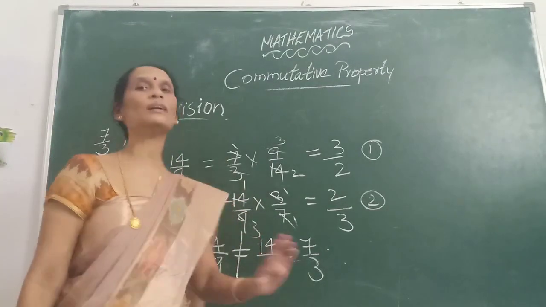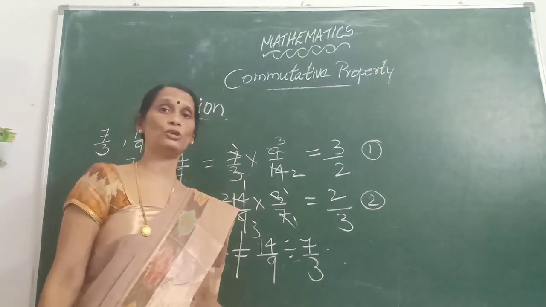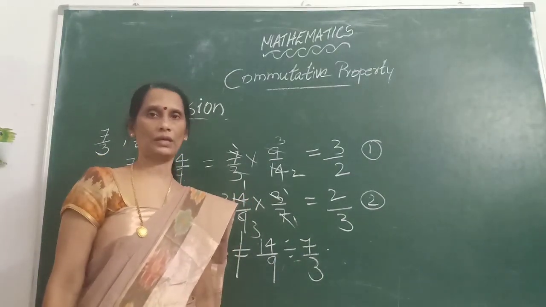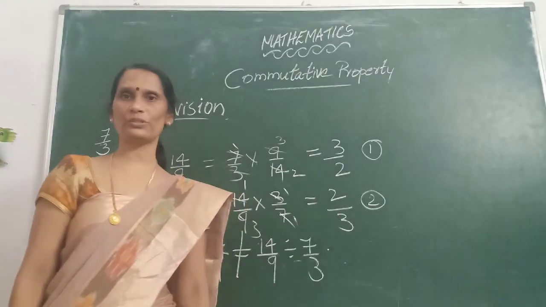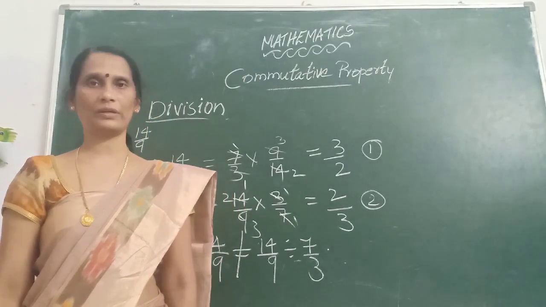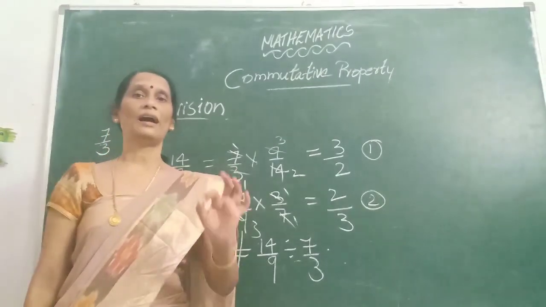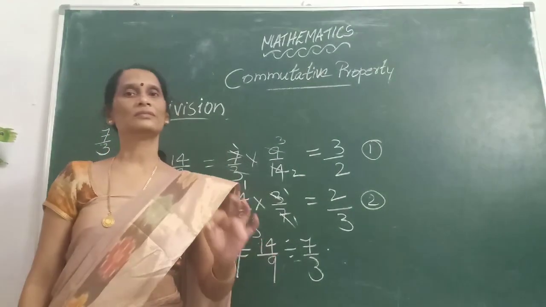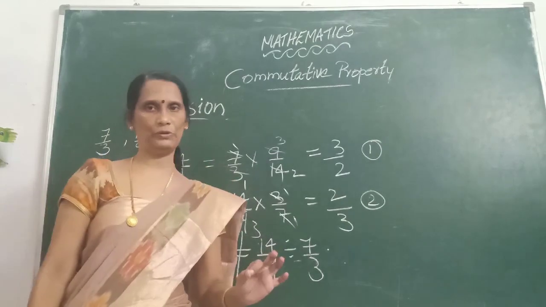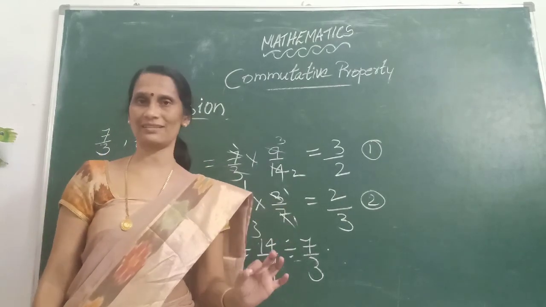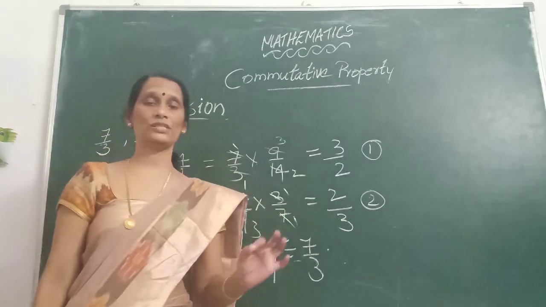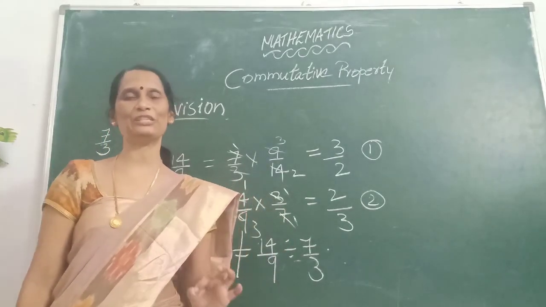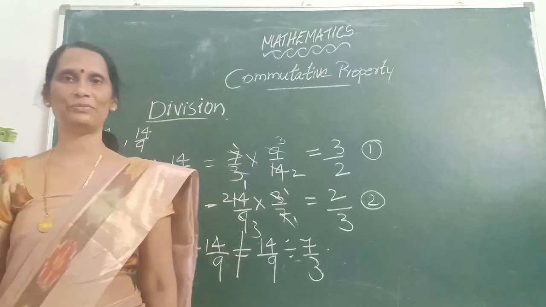Division is not commutative for the set of rational numbers. And subtraction is also not commutative. Only addition and multiplication are commutative for the set of rational numbers. Division is not commutative and subtraction is also not commutative for the set of rational numbers.